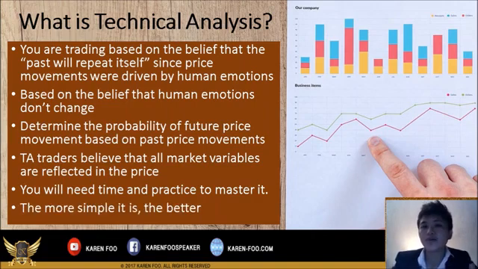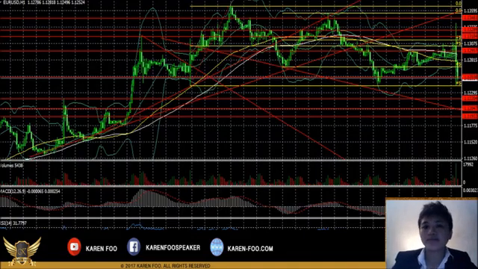A lot of successful traders and investors will always preach to keep your system as simple as possible, to keep your strategy as straightforward as possible. Here's the common mistake that a lot of beginners make: they like to trade with this type of chart.